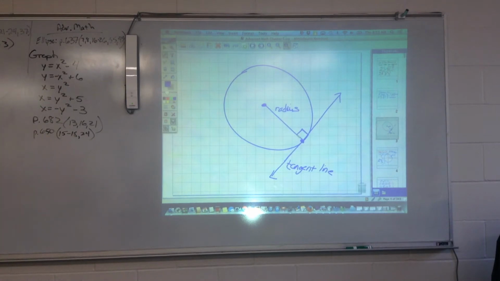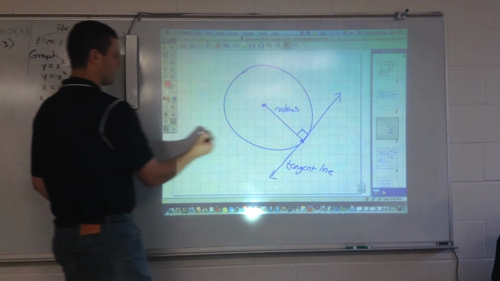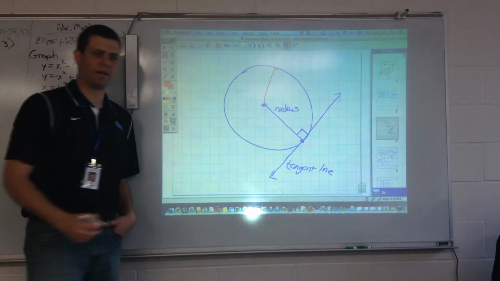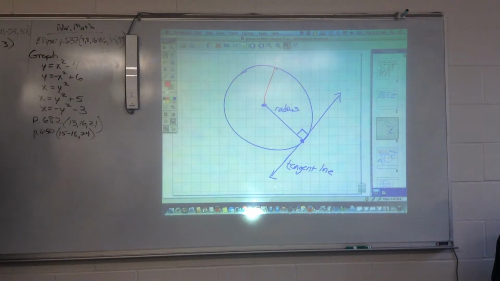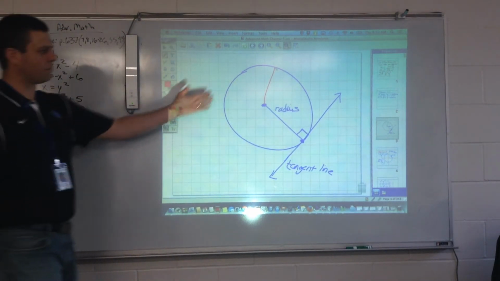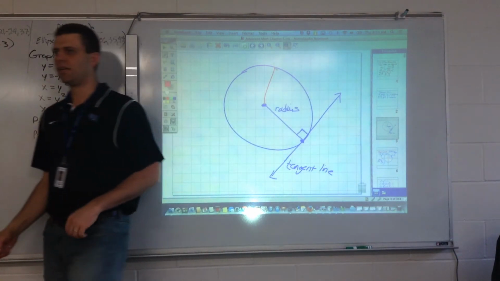Only that radius, right? I mean, because I could draw another radius. That's still a radius up there too, right? That radius clearly is not perpendicular to this tangent line. Okay?